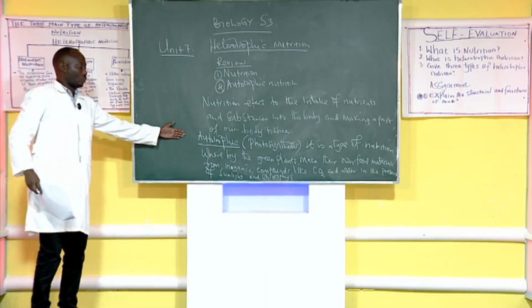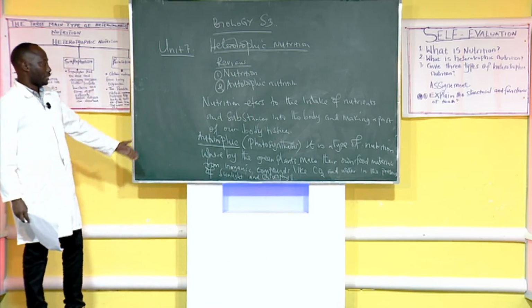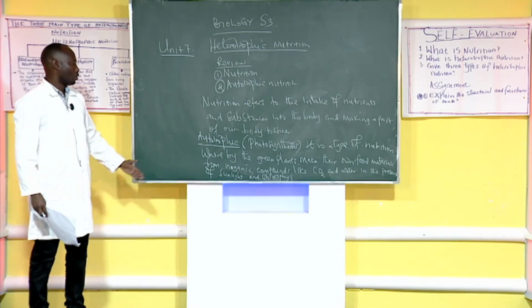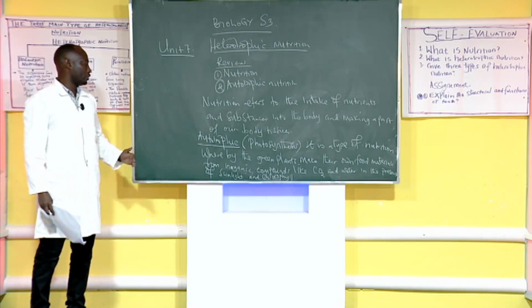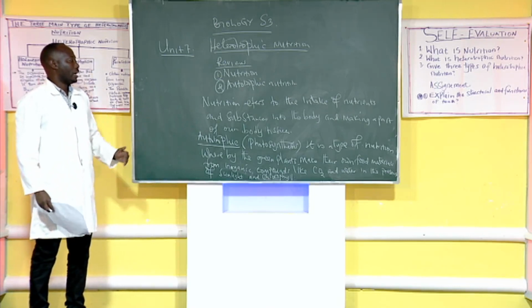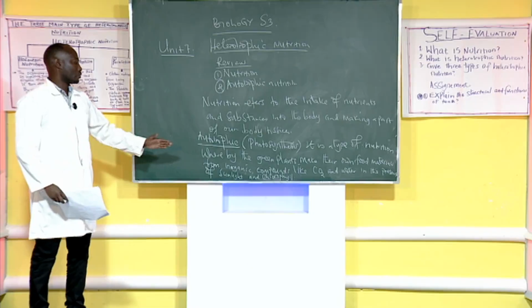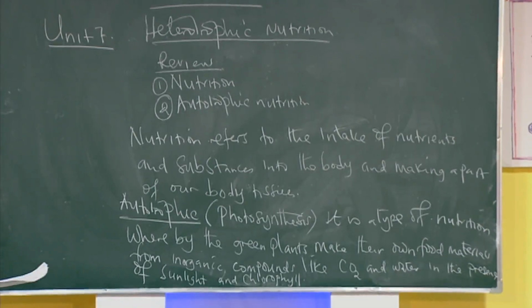Here is the definition of autotrophic nutrition. We said it is a type of nutrition whereby the green plants make their own food materials from inorganic compounds like carbon dioxide and water in the presence of sunlight and chlorophyll. Excellent.